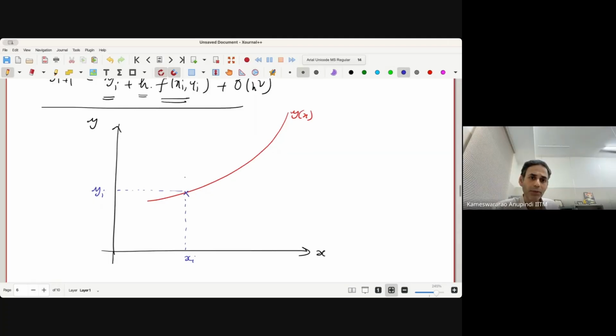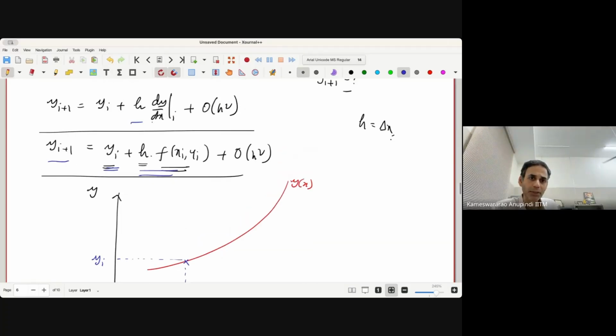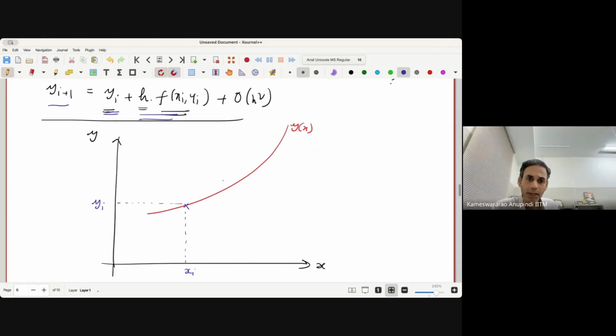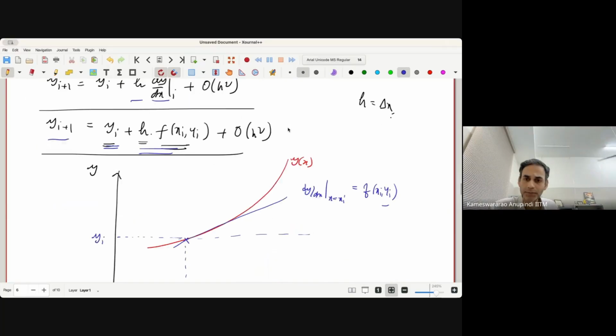We add yi plus h times f of xi, yi, which is h times the slope of the function. That means we draw a local tangent here, approximately like this. The tangent is dy dx at x equals xi, which is f of xi, yi, coming from the governing equation.